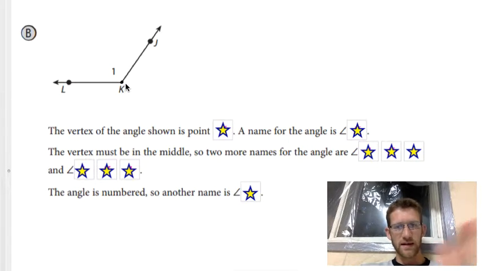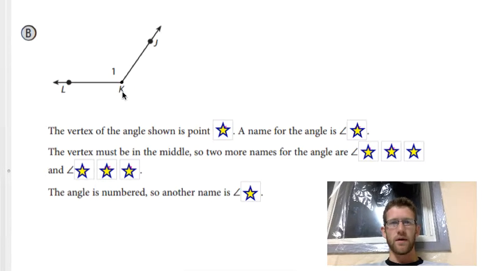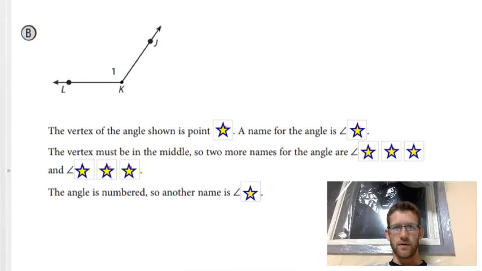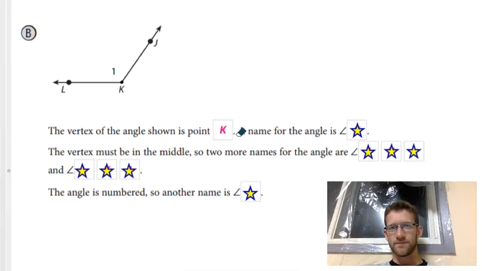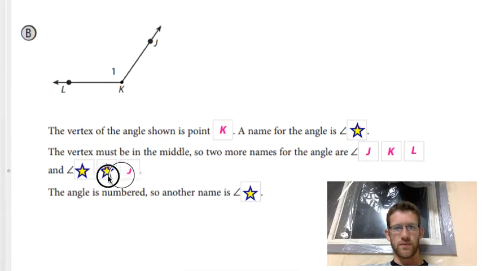You don't really need the dot to know that there's a point K. So the vertex is point K. We could use our earlier names, angle LKJ and angle JKL. That'd be those two.